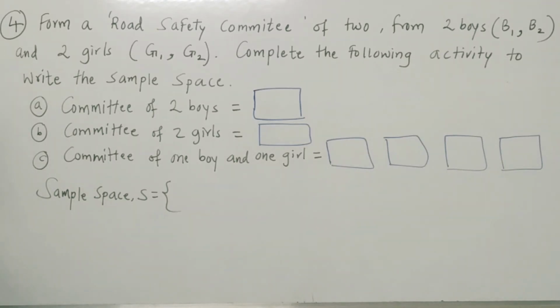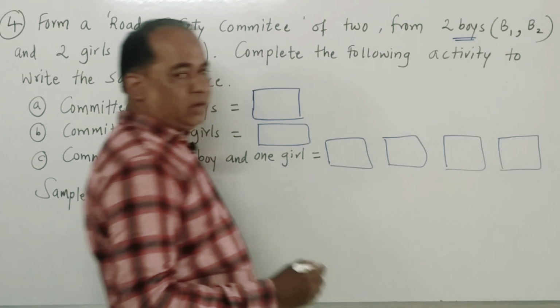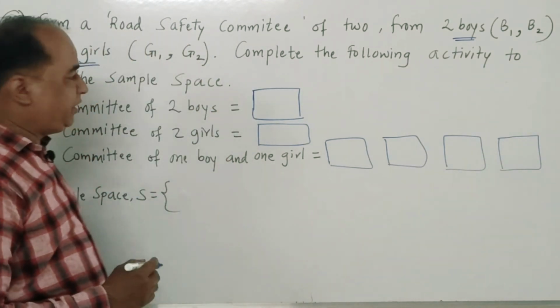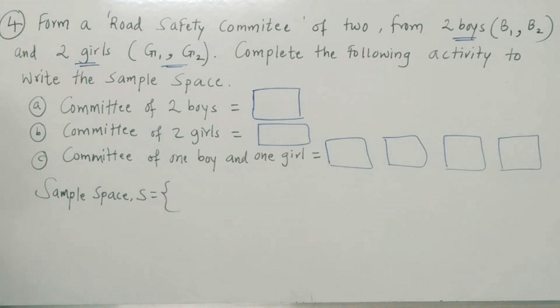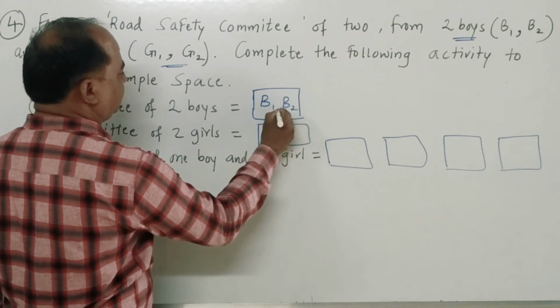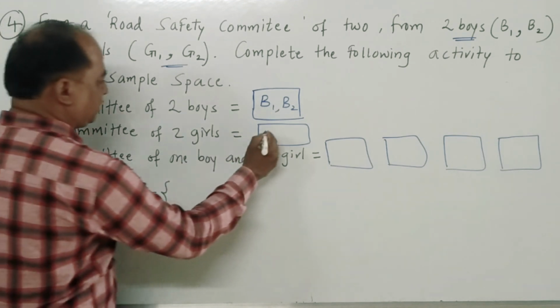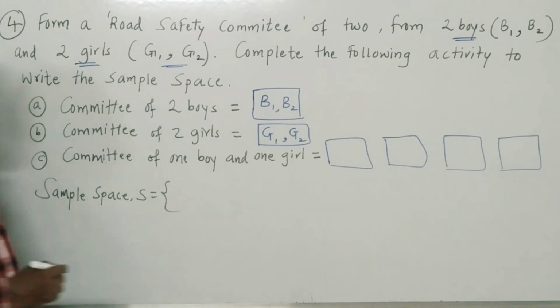Last example, for a road safety committee, from 2 boys and 2 girls, that is B1, B2 and G1, G2, complete the activity and write the sample space. So the committee of 2 boys is B1 and B2. The committee of 2 girls is G1 and G2.